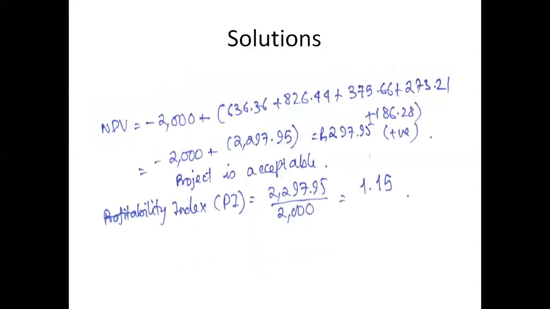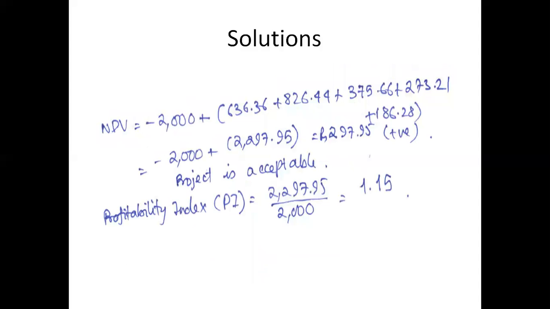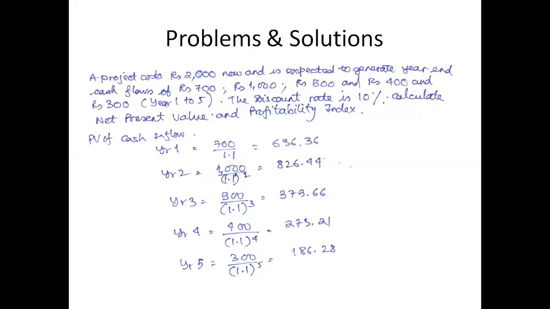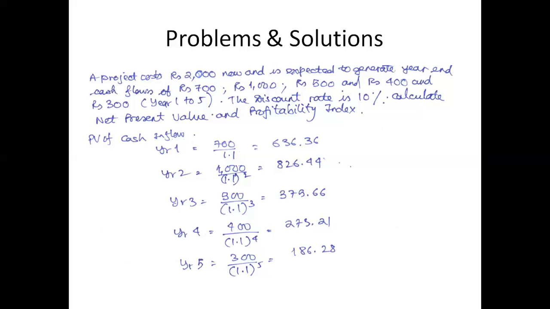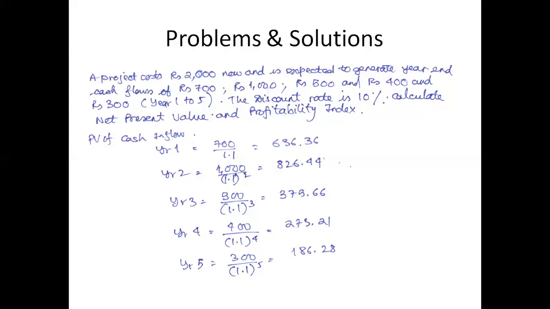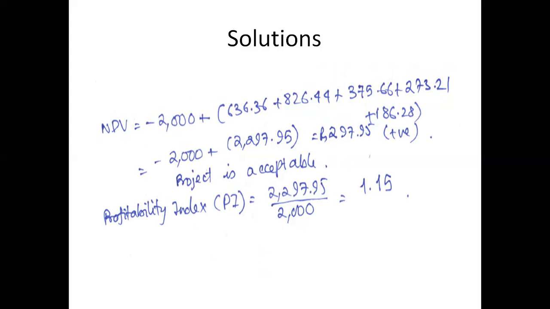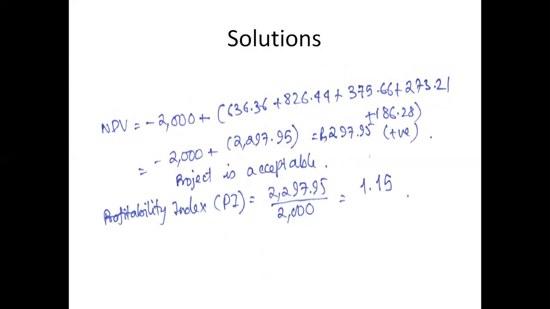Now we have the NPV as minus 2000, which is the initial cash outflow, and the cash inflows in present value terms are 636.36 for year 1, 826.44 for year 2, 375.66 for year 3, 273.21 for year 4, and 186.28 for year 5.